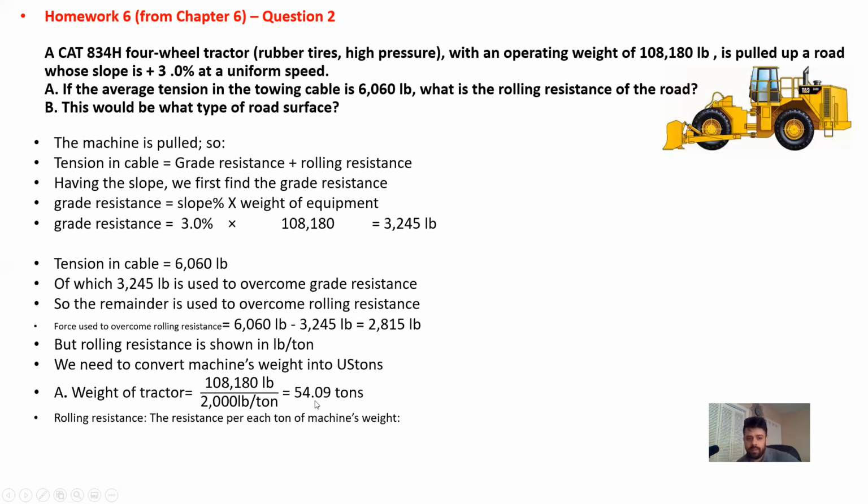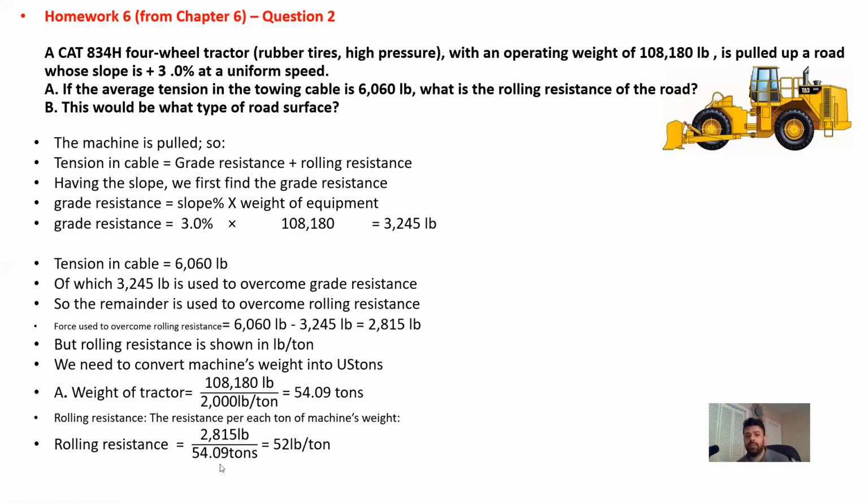Now we can find the rolling resistance based on pound per ton. This is the rolling resistance in pounds, and this is for the entire machine, the entire weight of the machine.